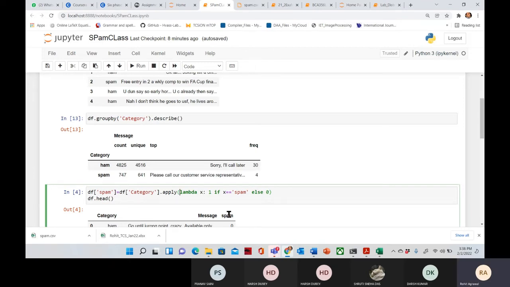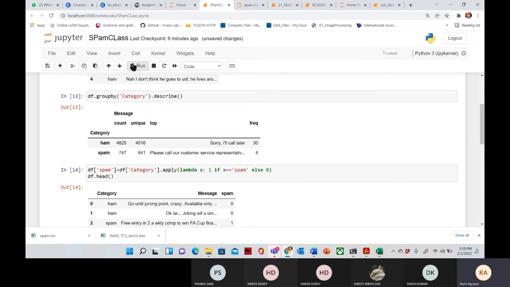If it is spam, it will become 1, otherwise it will become 0. I think you have learned lambda functions in Python classes. So df spam equals df category, that means this column, and whenever x is equal to spam, it will become 1, otherwise 0.